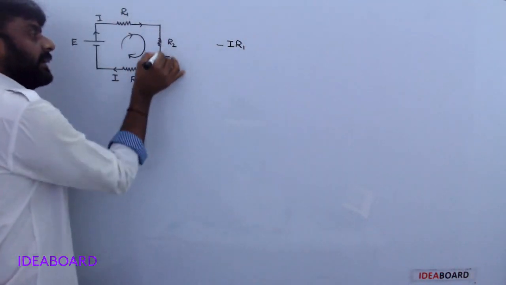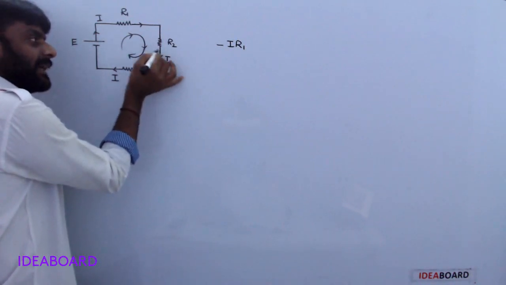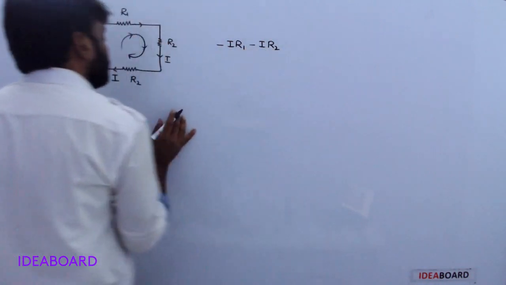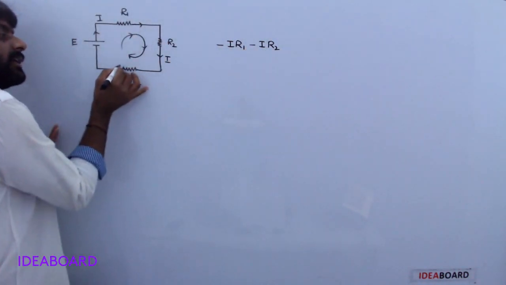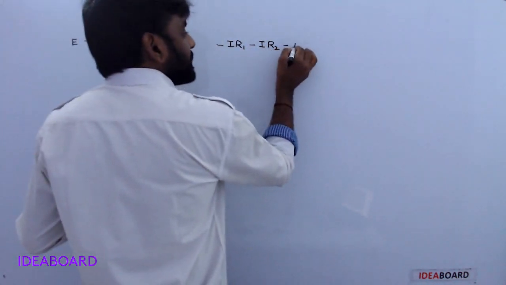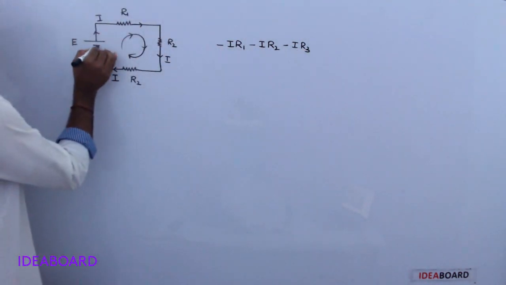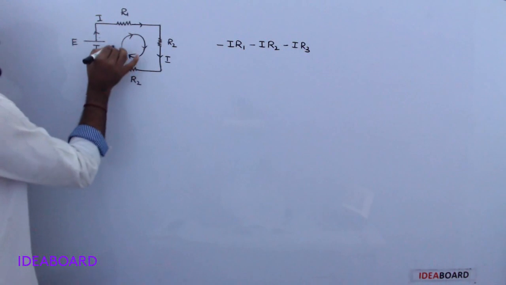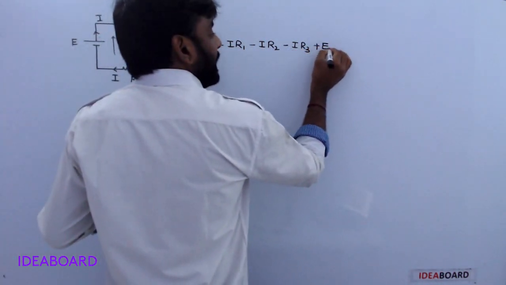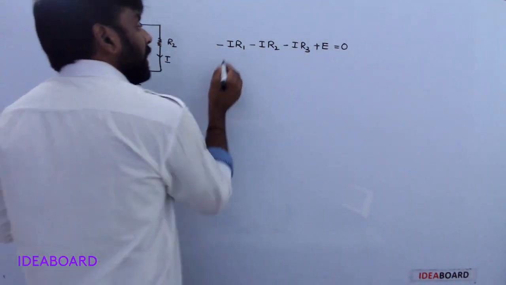Here current is in the downward direction, and you are taking downwards too. So minus IR2. Again, same direction, minus IR3. Next, moving from negative to positive, that means plus E is equal to 0.